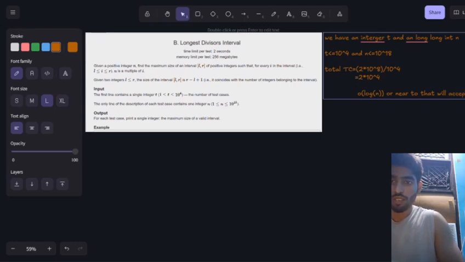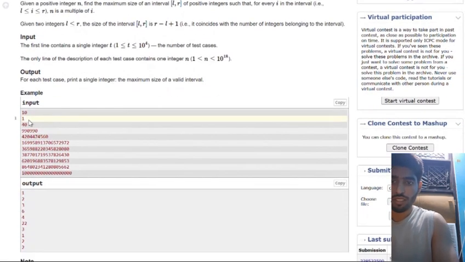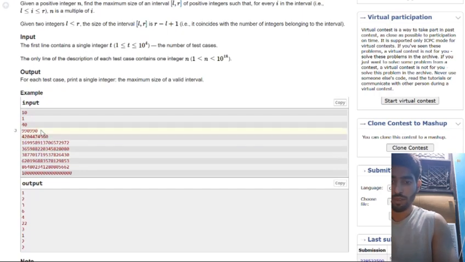What we were thinking is that we first find the total divisors, which could be like 10 raised to the power something in the worst case.